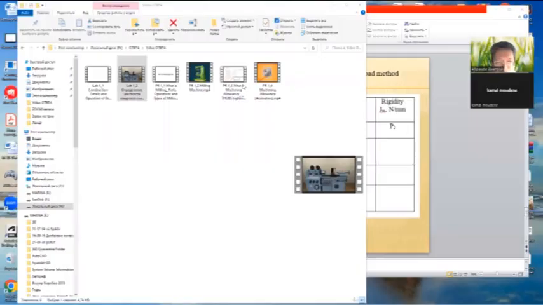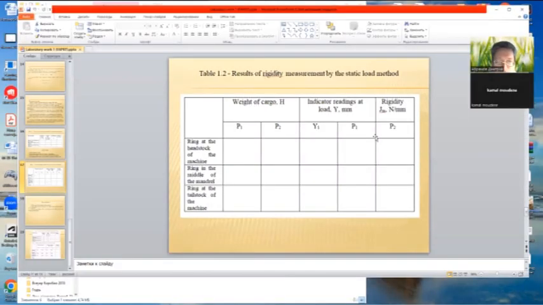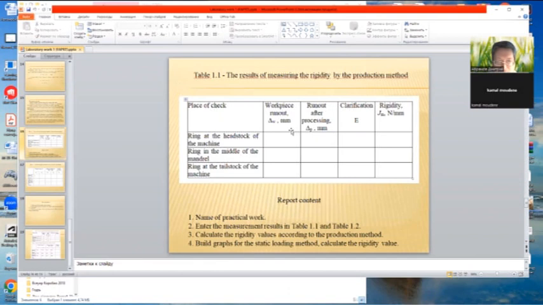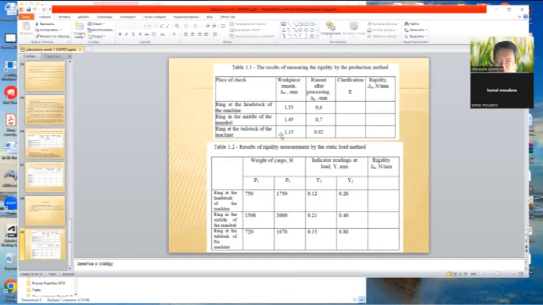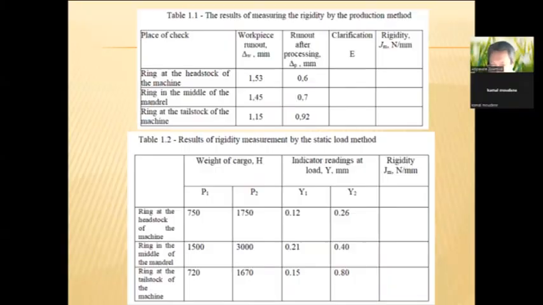So we have delta W before cutting and delta P after cutting. Use the parameters from this slide. The values of delta W and delta P are from this table.